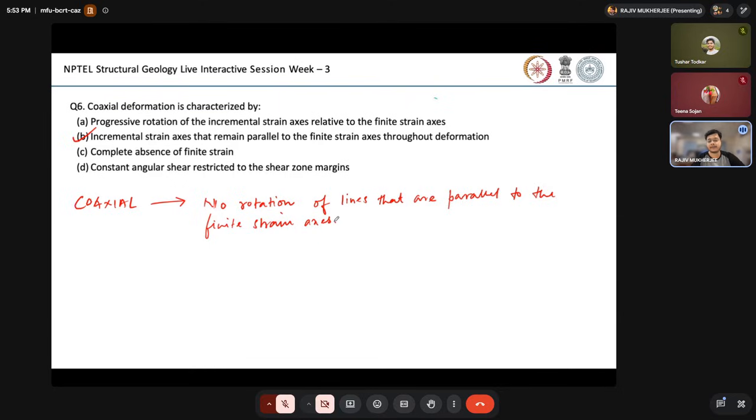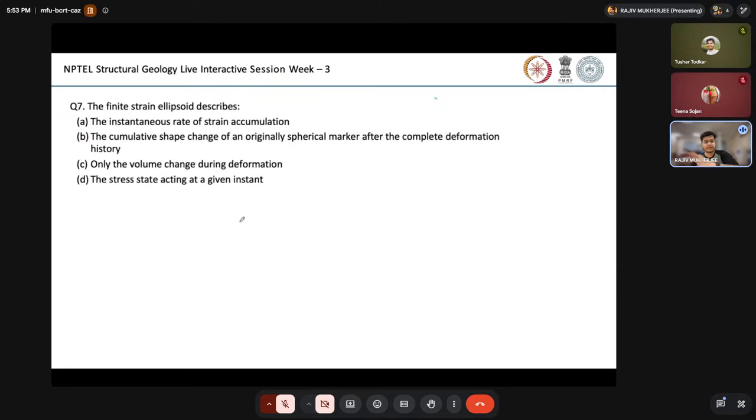That's it. So they will remain parallel to the finite strain axis throughout deformation. Okay. So then we can move forward to question number 7.